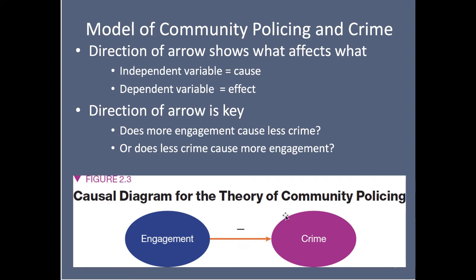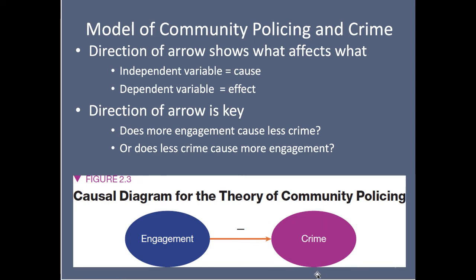For now, we're just looking at our theory that more engagement of the police with the community lowers crime. So I cannot stress enough the direction of the arrow, which is a different issue than the sign above it, right? I said more engagement, less crime. That's a negative sign, meaning going in the opposite direction. That also means less engagement, more crime. Remember, the variables have to go in both directions. So a minus sign doesn't mean crime goes down.